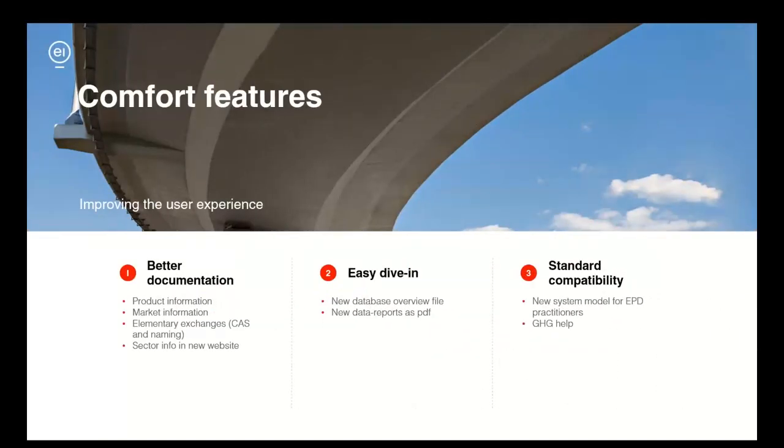Okay, let's jump into the comfort features, into how we have worked to improve the user experience, the experience you have when working with the database. So for that, we have worked at different levels, for example, to make available for you better and more documentation. And that covers product information. We have worked to improve and to give you information per product.